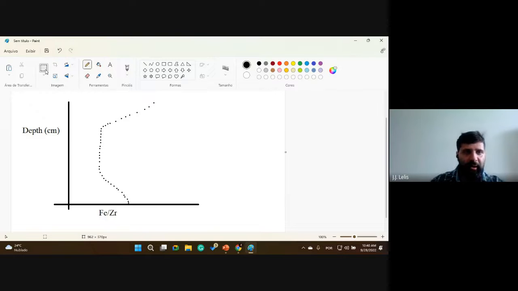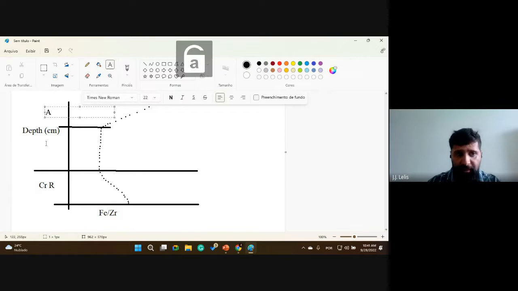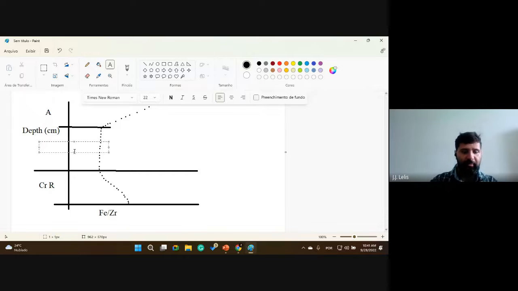And when I describe and identify the horizons, I see something like this in the field. This is a CR horizon, or even an R rock layer. Here is an A horizon, and here is a B horizon.